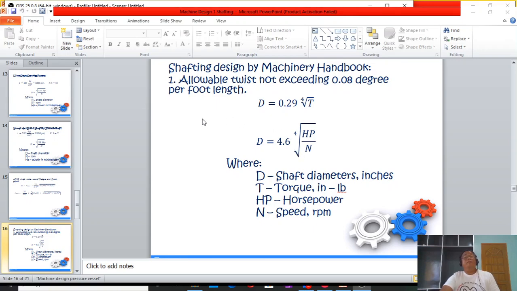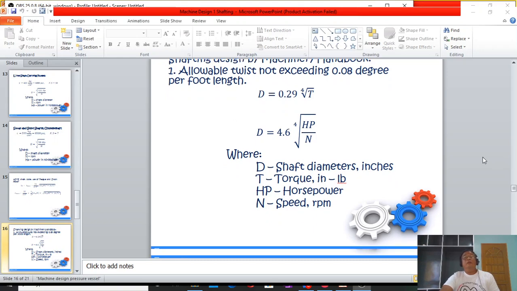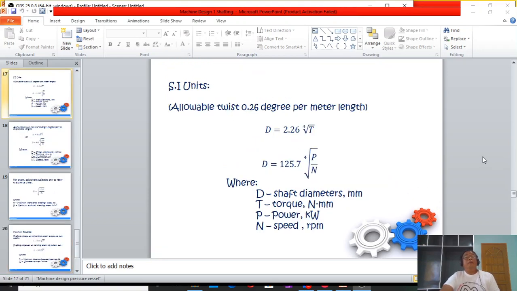Take note, class, that for allowable twist not exceeding 0.08 degree per foot, the diameter equals 0.29 times the fourth root of T. So this is, class, an empirical formula. And also, D equals 4.6 times the fourth root of HP over N.